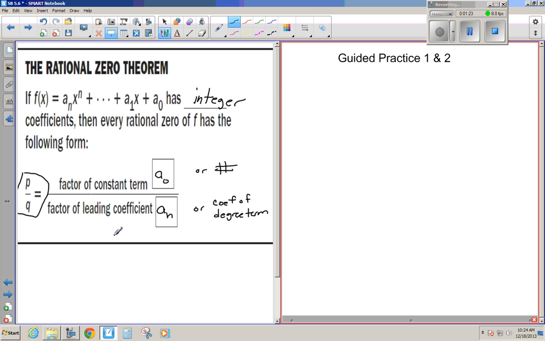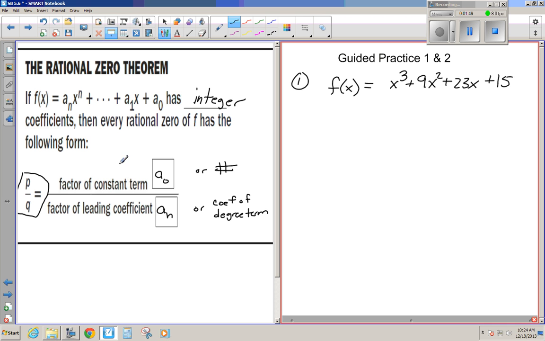And so if you look at guided practice number 1, you'll see that f of x equals x cubed plus 9x squared plus 23x plus 15. All right.